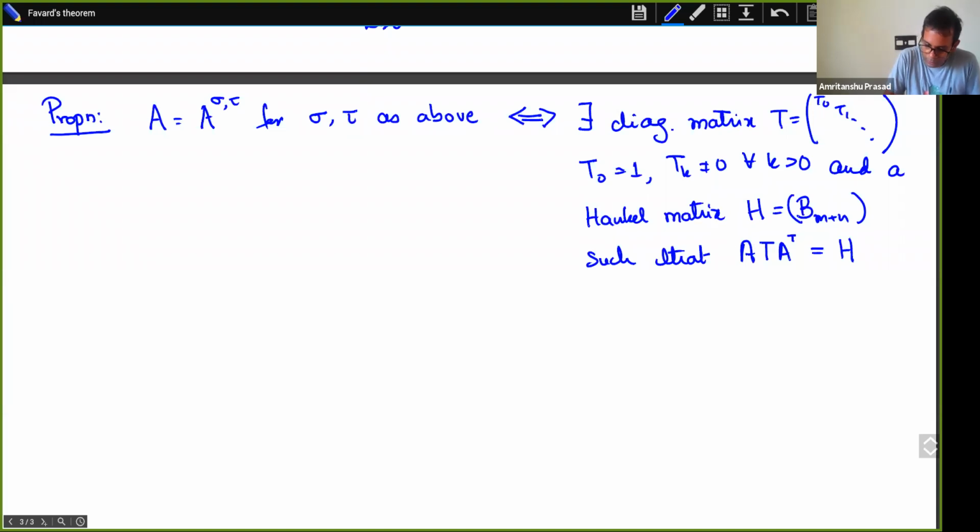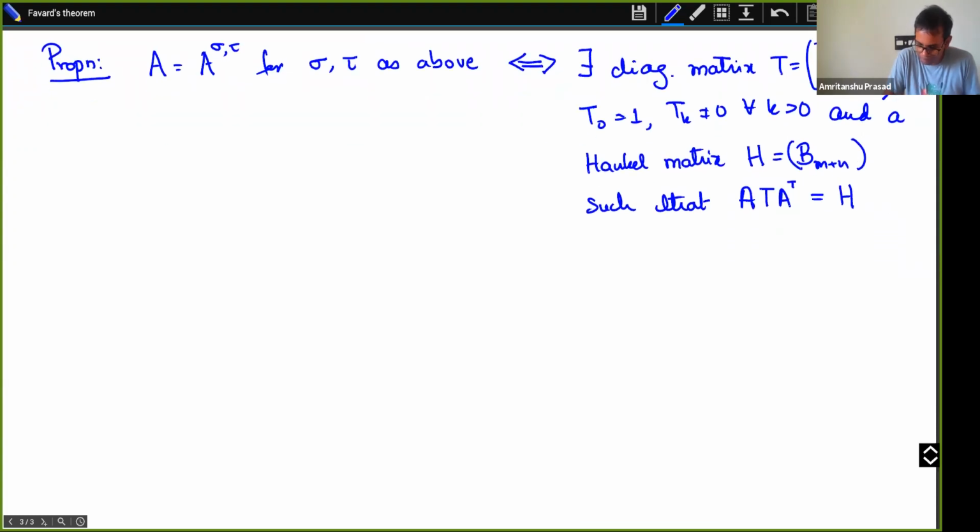And so Raghavan's question of when a sequence is a generalized Catalan number comes from whether or not this Hankel matrix has such a factorization. It gets translated into another question.